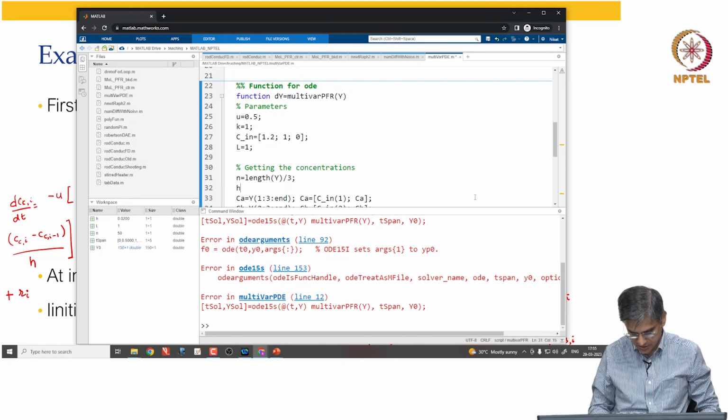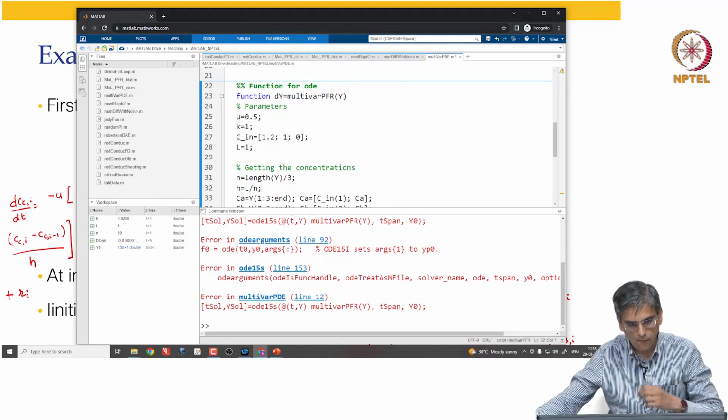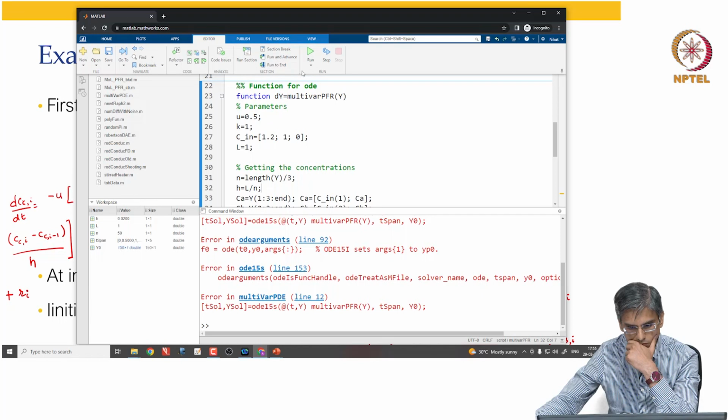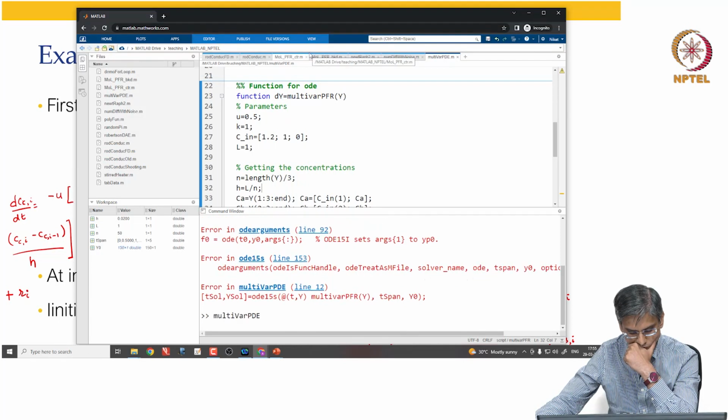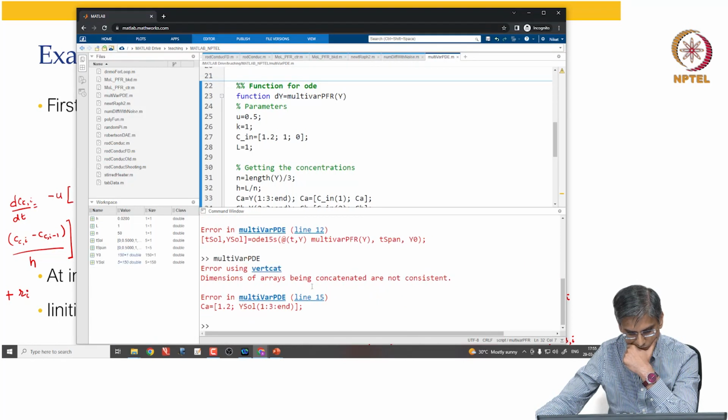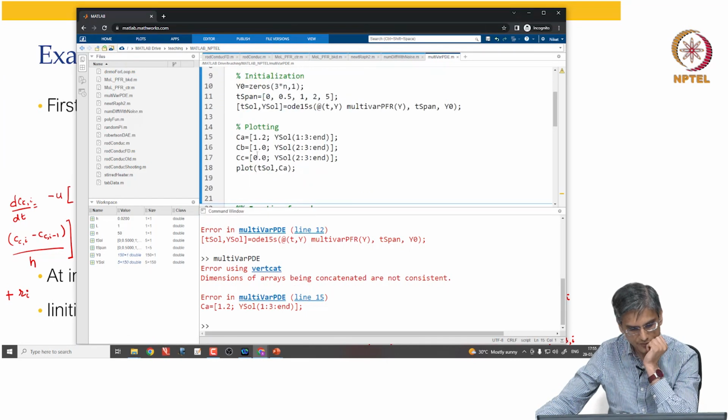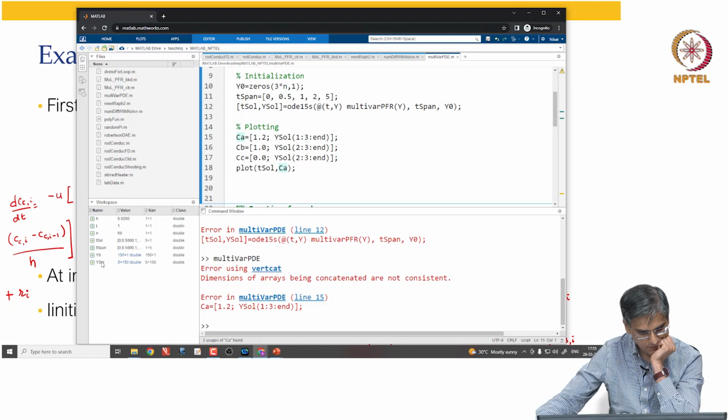H equal to L by N. Yeah, so this is where we have a problem. Let us look at y sol.